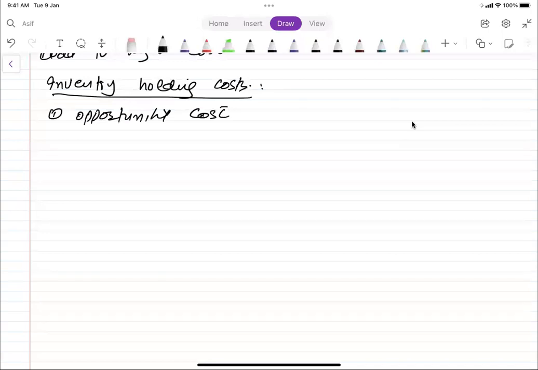The working capital might be used to pay off loans, to buy new equipment, to pay off the suppliers, to gain early payment discounts, etc. If we keep too much inventory, we are missing all those opportunities and benefits.